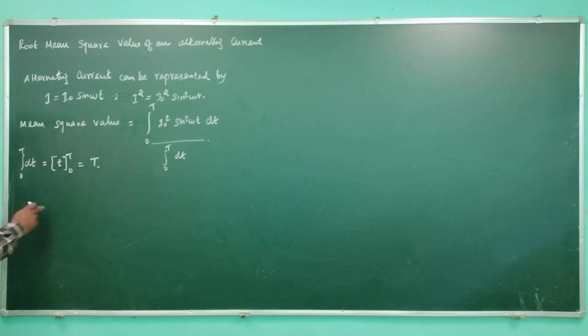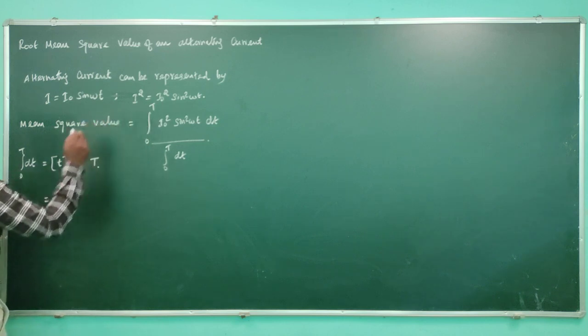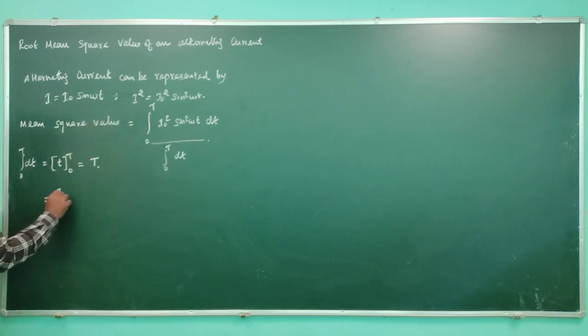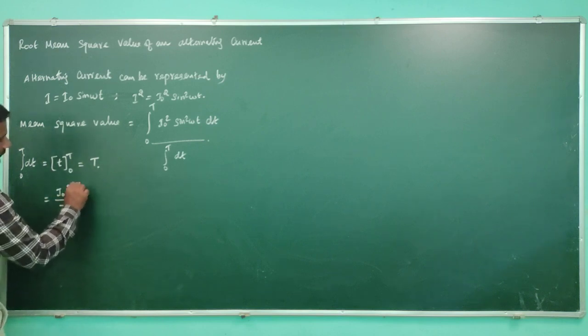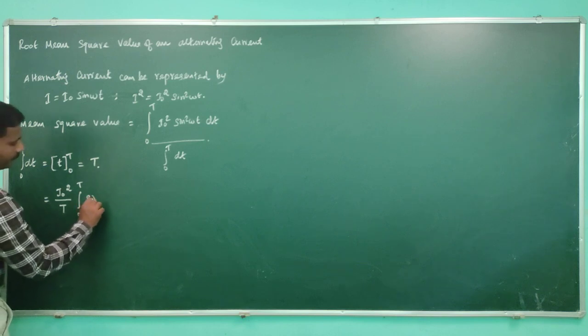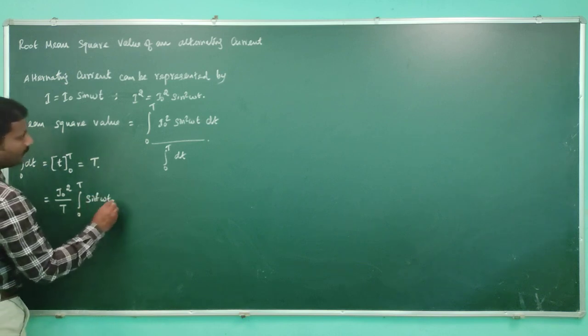Okay, so this we can write, I naught square you can take out of the integral, so I naught square by T, integral of 0 to T sin square omega t dt.